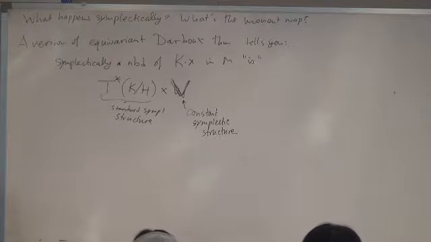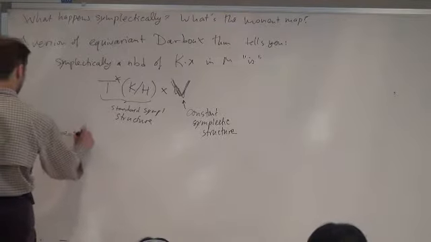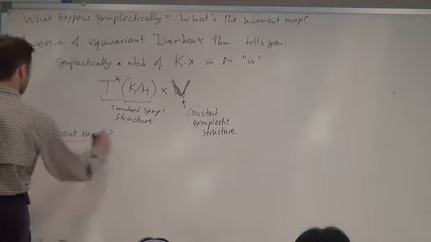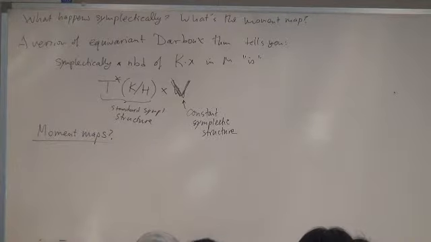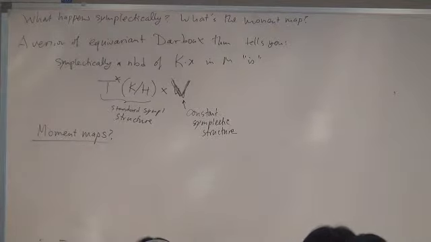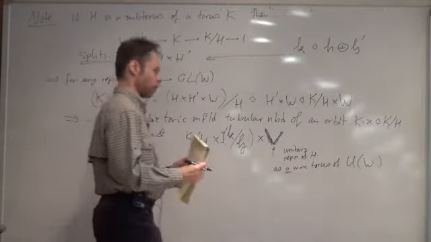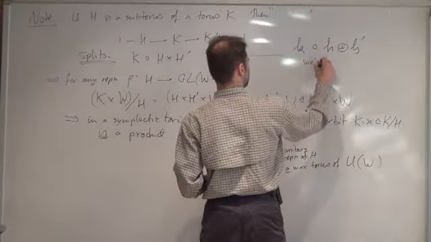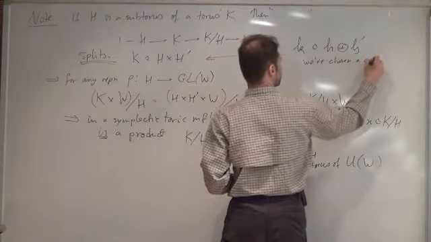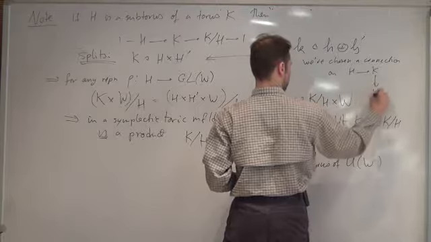So at this point, I keep coming back to that question. What are the moment maps? Let's go back to the splitting. This splitting tells you that the Lie algebra K splits as H plus a complement. So we've chosen a connection on this principal H bundle.